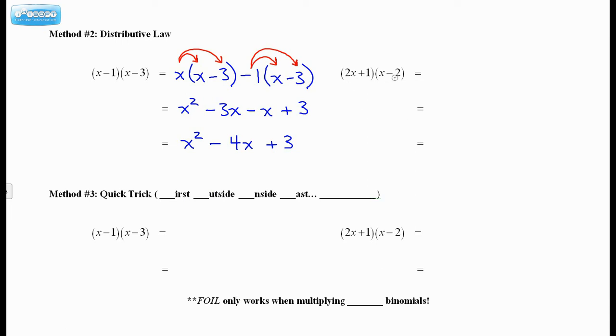2x plus 1 times x minus 2. So I'm going to use distributive law twice. So I'm going to use the 2x first. So he gets to multiply x minus 2. And then plus 1 times x minus 2. All right.